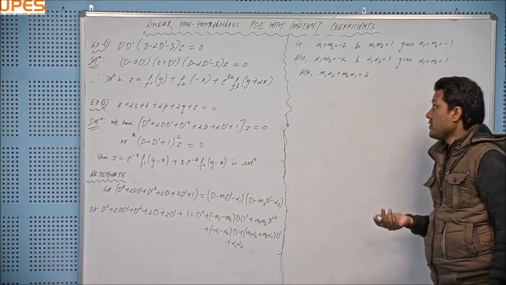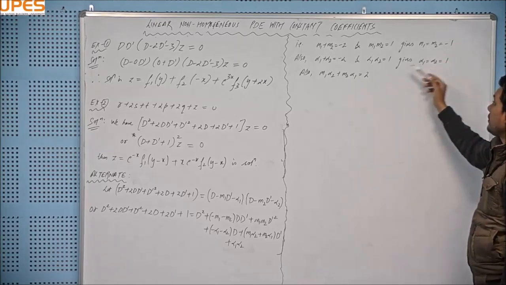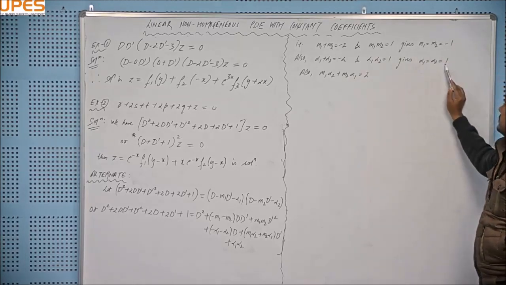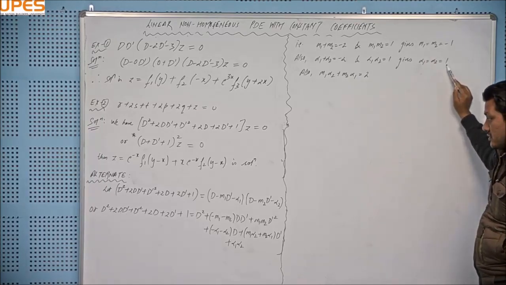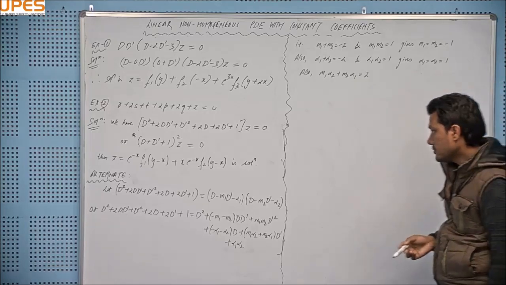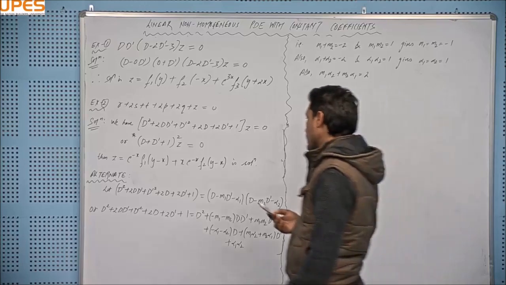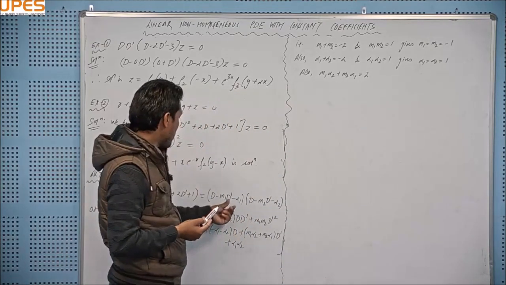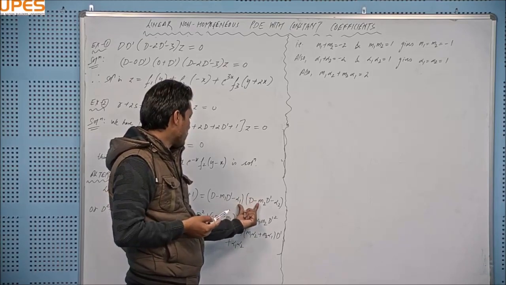And let me verify that these values are correct. Okay, so I will plug in these values here, m1 multiplied by alpha 2, minus 1 into minus, something is wrong. The coefficient of d dash, yes, that is positive, and here it's also positive.